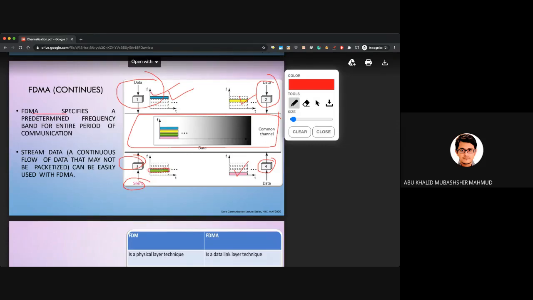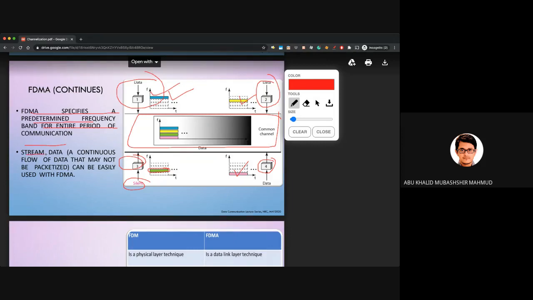So FDMA specifies a predetermined frequency for the entire period of communication. So for the entire period of communication, we are empowering the FDMA or multiple access protocol to maintain a specific frequency for each channel or band.